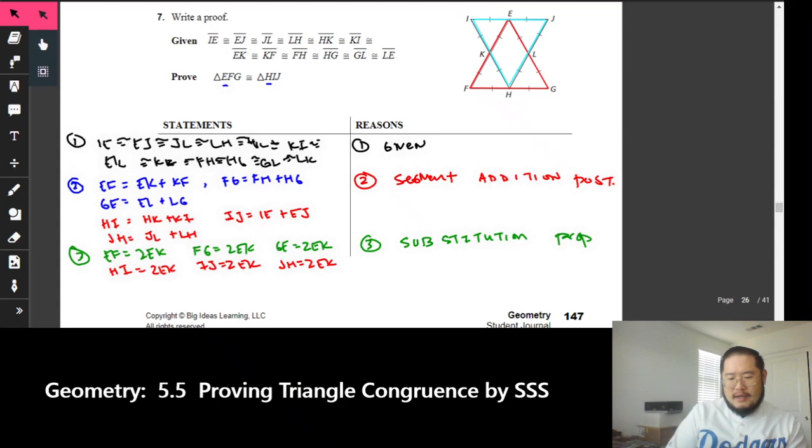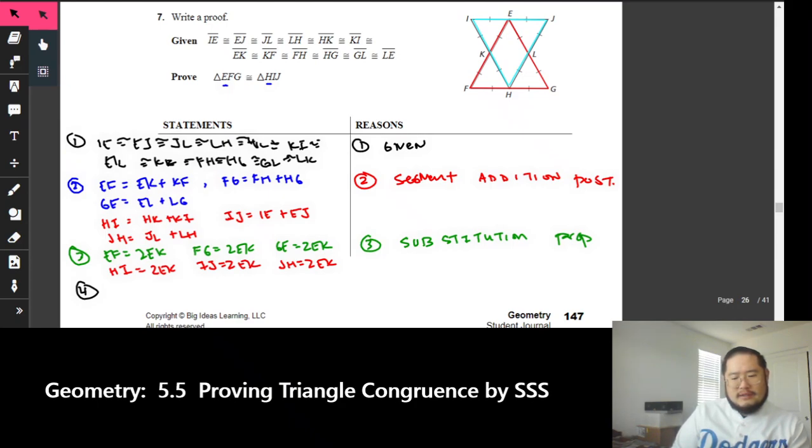Next up, how could I make some connections between all of these segments? Can I? Well, you sure can. In statement 4, if you think about looking at these 3 statements right here, or even like these 2, if I have A equals B and B equals C, remember that?